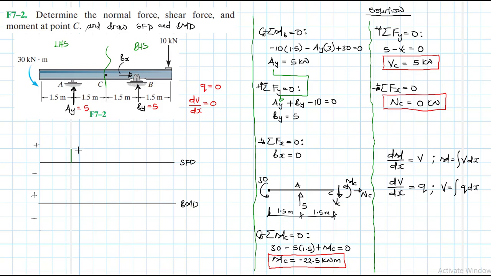So this line here, okay, this point here has a magnitude of 5 kilonewtons. Okay, and then from there onwards to B, we are going to have a slope of 0, up to B. When we reach B, we have another concentrated load, so these are going to interact algebraically depending on the sign.